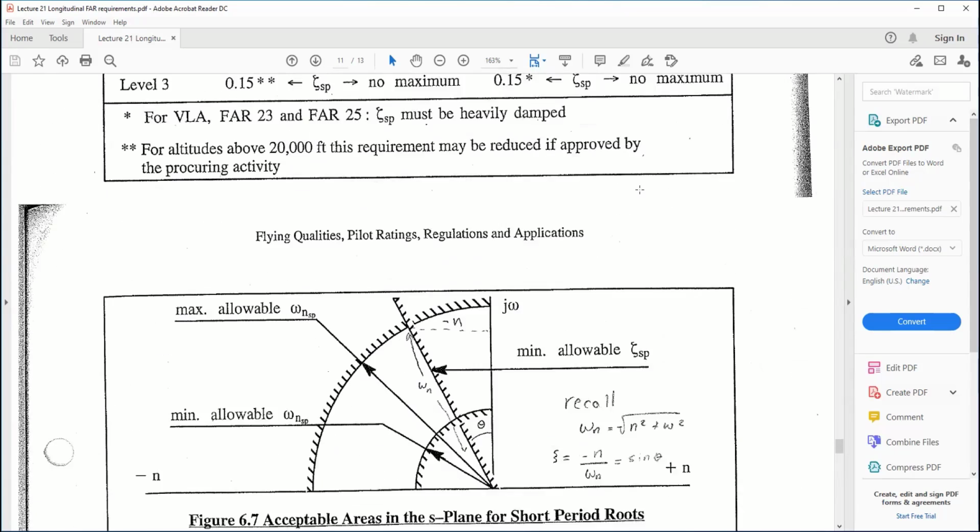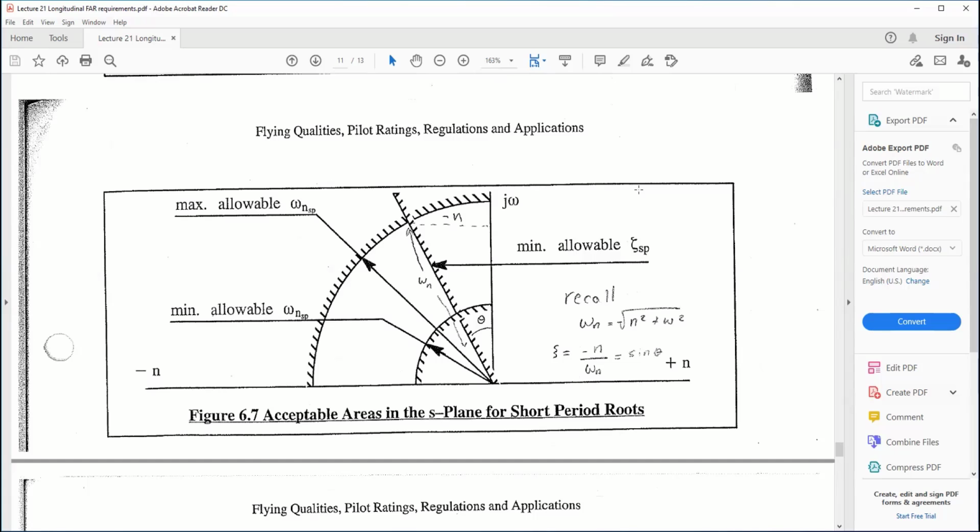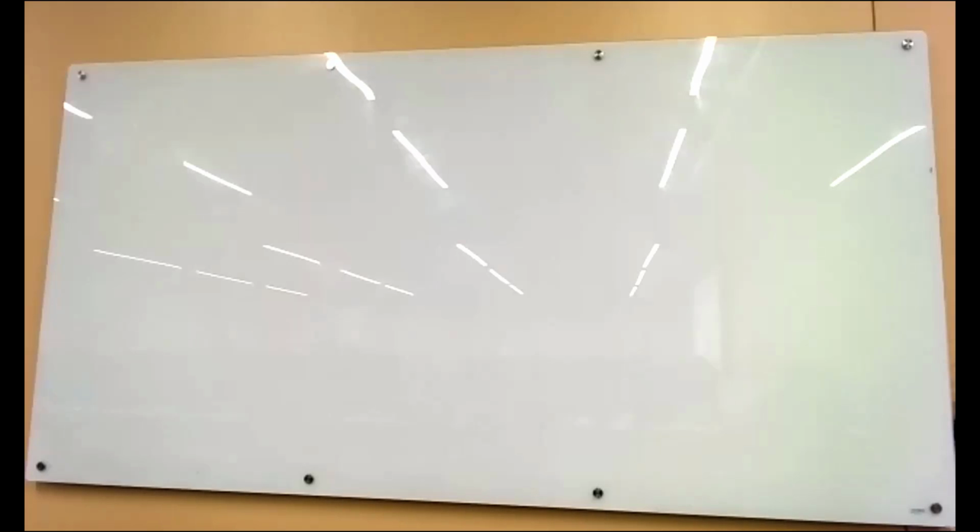All right, so let's do this for the BizJet after I show you how to calculate the n over alpha value. So the first thing I promised I'd show you is the phugoid.